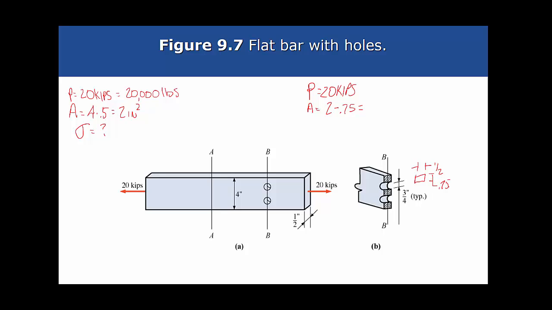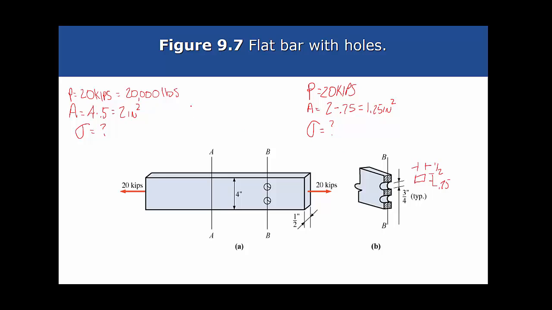You got 2 times half of 3/4, and half of 3/4 is 3/8. So if this is 3/8 and that's 3/8, then you've got 3/4. If you got 2 things that are multiplied by a half, then it's going to be whatever that number was. So the area on that one is going to be 1.25 square inches. And we're still looking for the stress.